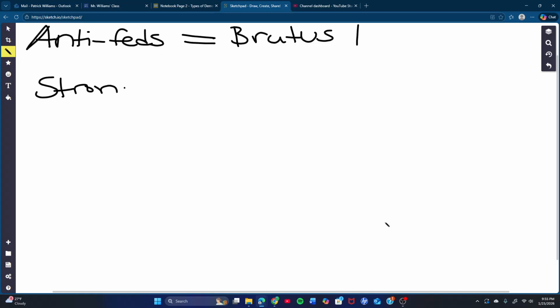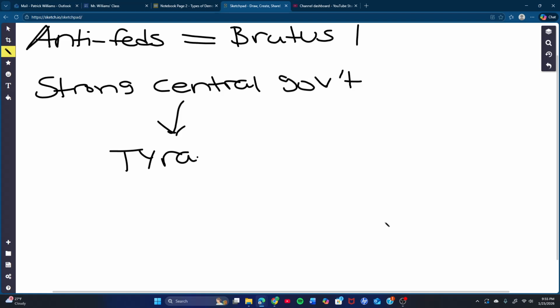Their goal was a strong central government could lead to this thing called tyranny, right? And we've discussed tyranny in class, when we were talking about the Declaration of Independence.